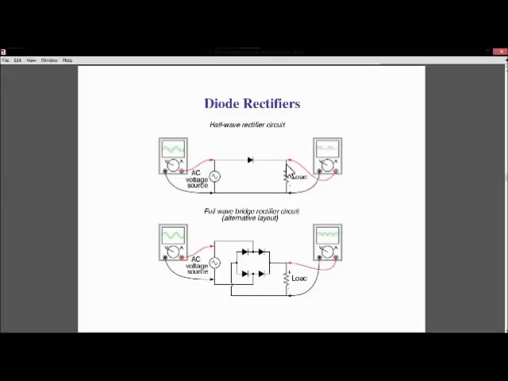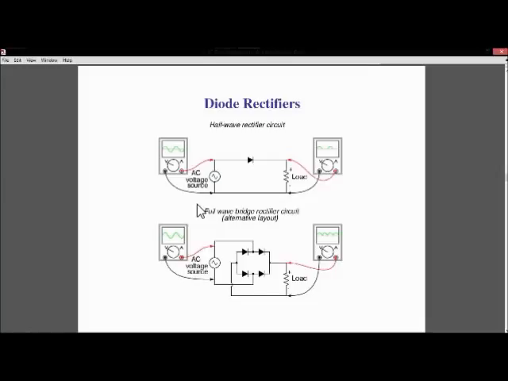In a half wave rectifier, we use only a single diode, and for this input we get this output because the negative part is clipped off. Rectifier generally means conversion of AC voltage to DC. In AC we have changing magnitude and changing polarity, but in DC we have the same magnitude and no change in polarity.